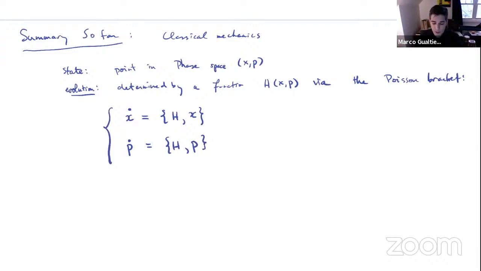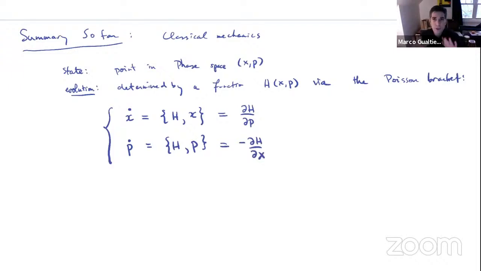All right, so if we work this out, this will be the derivative of h with respect to p times the derivative of x with respect to x minus the derivative of x with respect to p, which is 0. So we just get this. And similarly here, this will give minus dh dx.